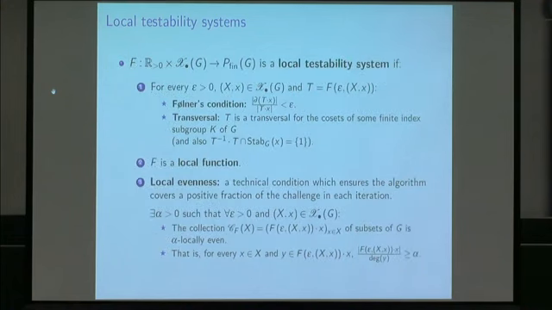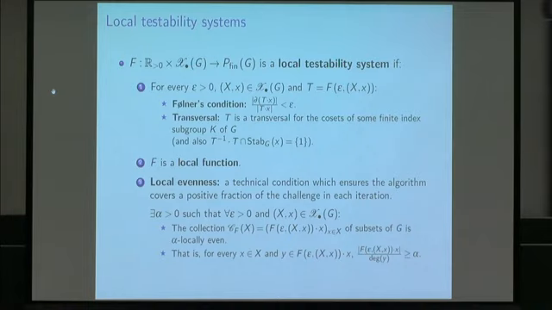So a local testability system takes a positive real, which is the epsilon, and a G-set, and gives me a tile. This is how it's used. I have some graph, and here I have some point, and the ball around it looks like it lives in some Schreier graph.